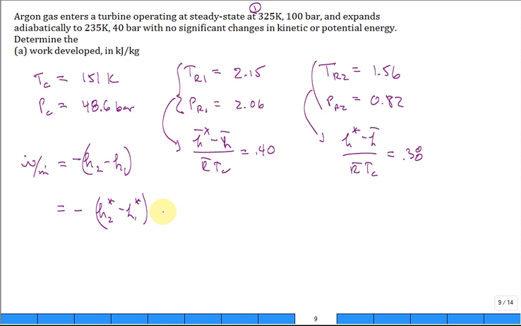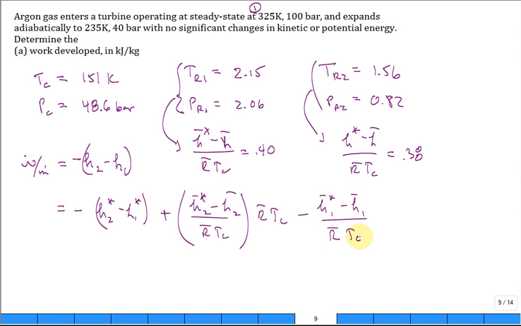And then continuing that equation, it's going to be minus H asterisk minus H bar divided by R bar TC at state 2, R bar TC, plus H asterisk bar 1 minus H bar 1 divided by R bar TC, R bar TC.